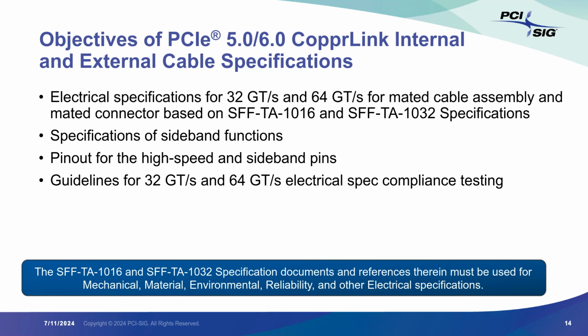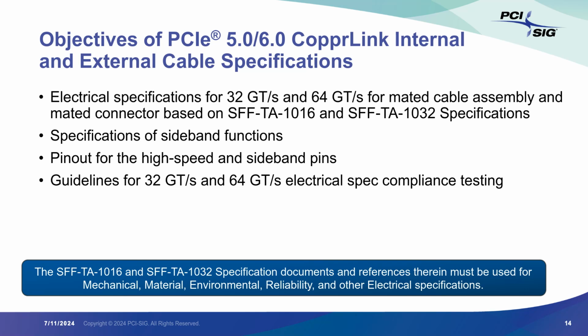The guidelines for 32 and 64 gig electrical spec compliance testing are given, so that our best knowledge of how to do the testing and measurement at such high speeds is captured as an informative specification.